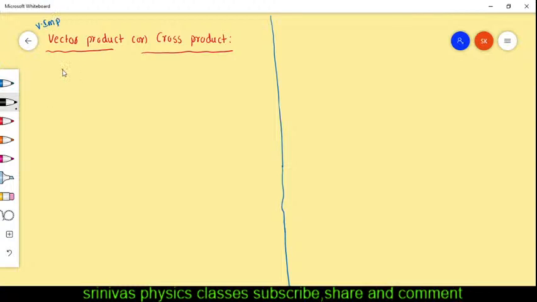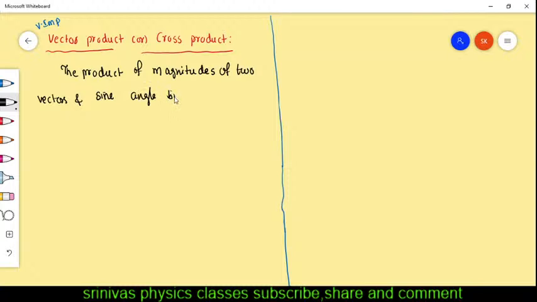The vector product is the product of the magnitudes of two vectors and the sine of the angle between them. That is called the vector product.